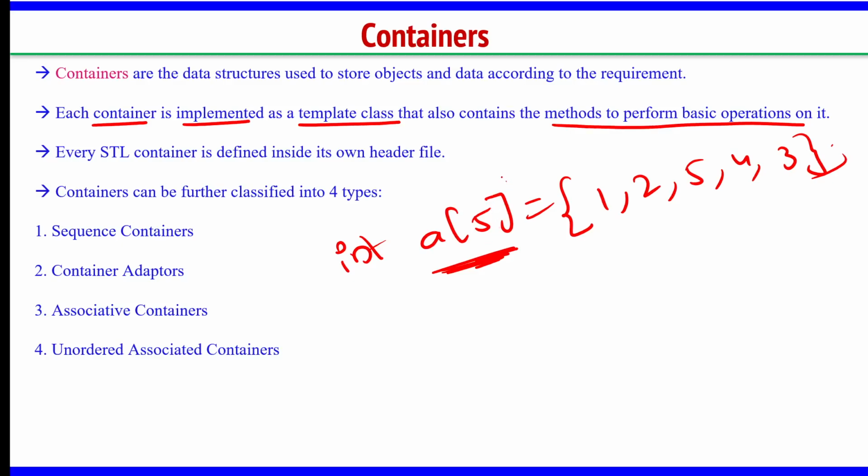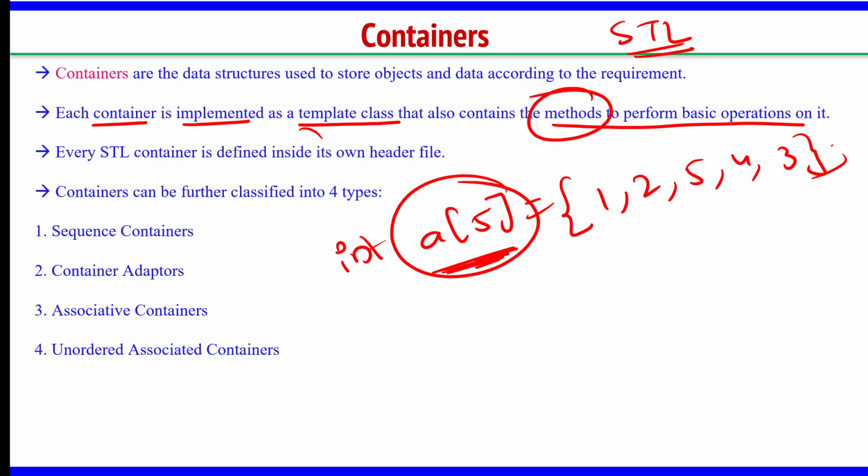If you want to find the maximum or minimum, you have to write the logic for all those things, which is what generally happens in our programming. But if you are using STL, along with that template class it also gives methods which you can directly apply on this array, which can do the sorting, minimum, maximum, whatever you want.